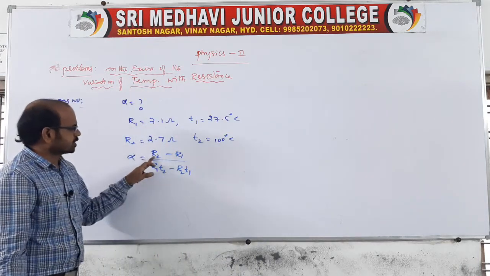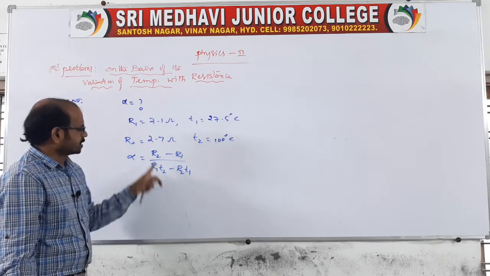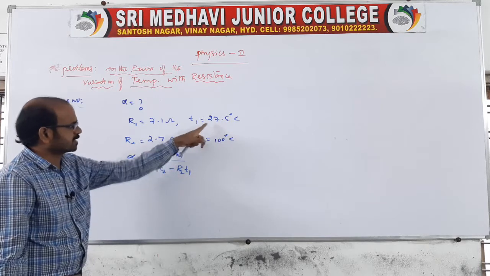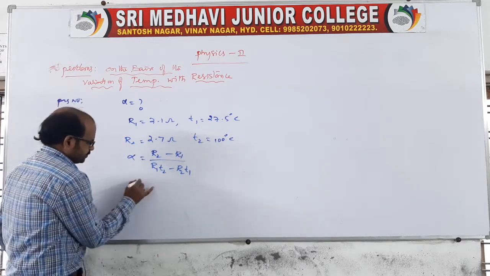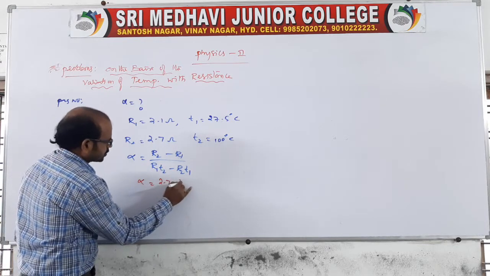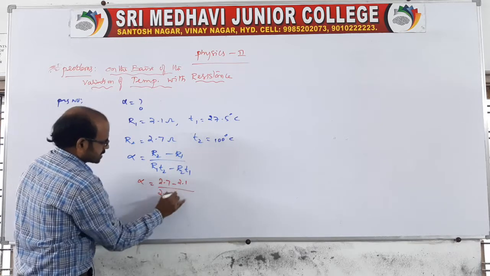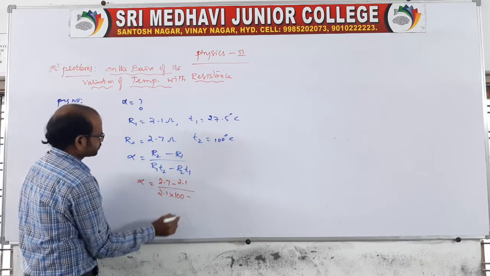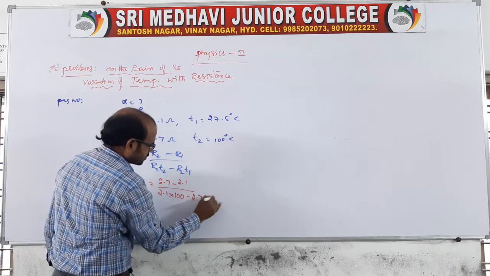R2 is 2.7, R1 is 2.1, temperature is 100, minus R2 2.7 and temperature 27.5. So alpha is equal to R2 2.7 minus R1 2.1, by R1 2.1 into temperature 100, minus R2 2.7 into temperature 27.5.